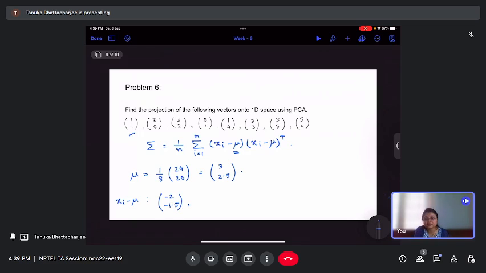Next one is (3, 0); you subtract mu, you get 0 and minus 2.5. Then you have (3, 2); subtract mu, you get 0 and minus 0.5.